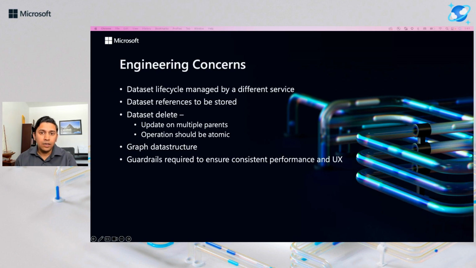Also, in such scenarios, we can run into performance issues if we try and load a large number of data groups. As a result, we were required to implement guardrails to ensure both good user experience and consistent performance.